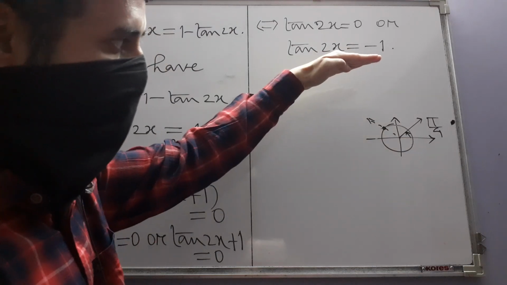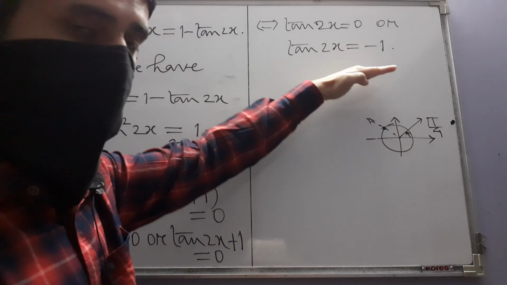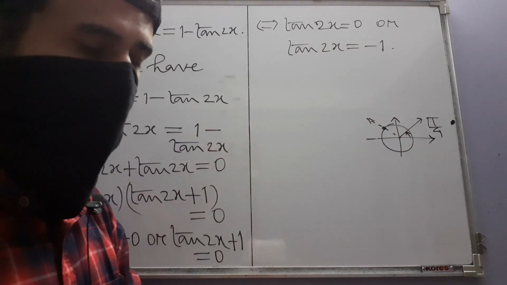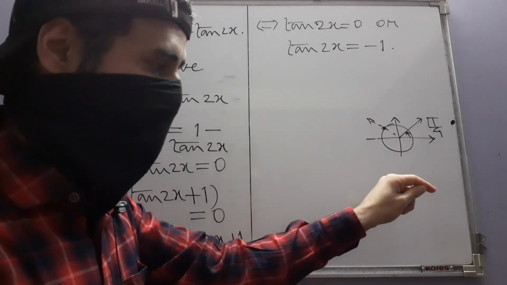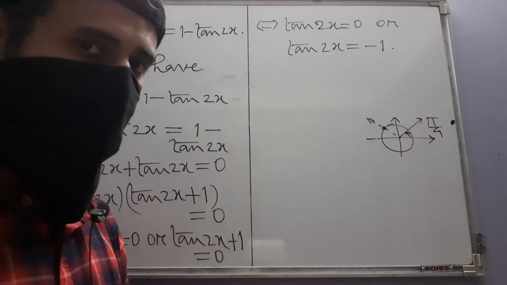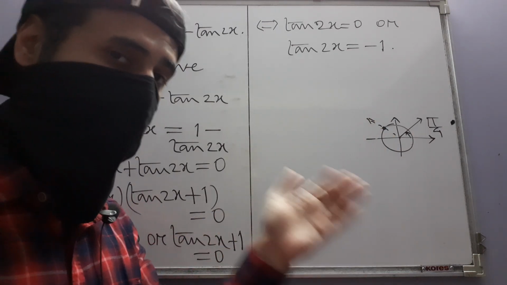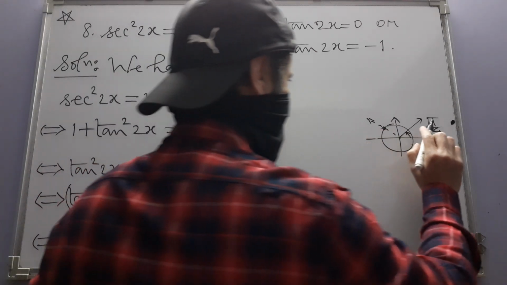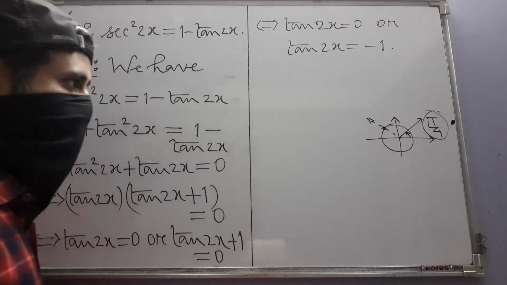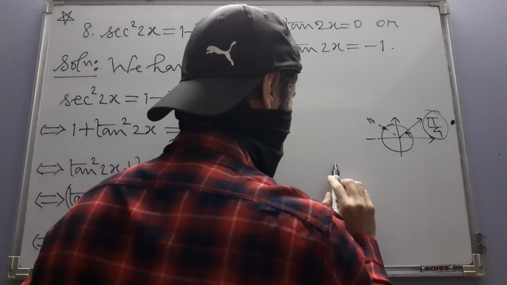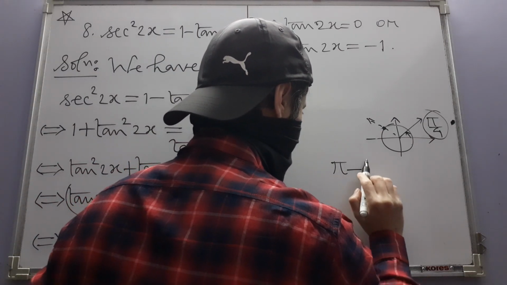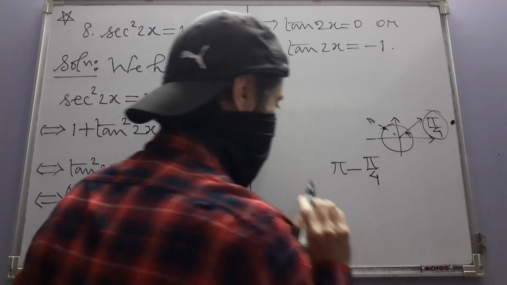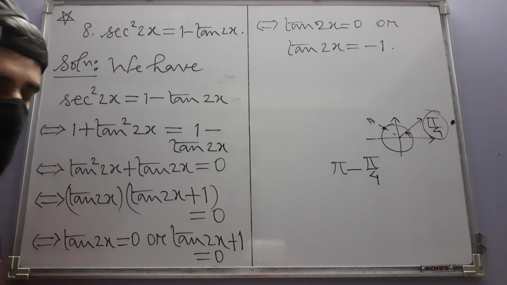Y coordinate, however, because the point lies above the x-axis, is positive. Positive divided by negative is negative. So in the second quadrant itself, tan is negative. And the angle we are getting is pi over 4. So for a second quadrant angle, you can try pi minus pi over 4.